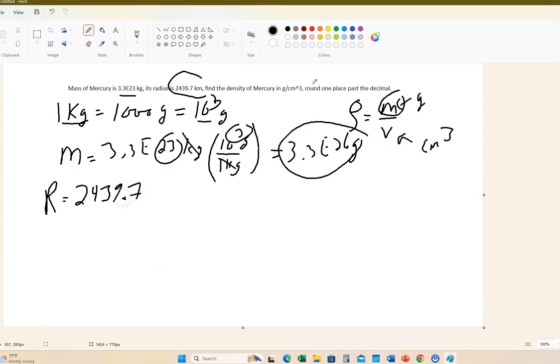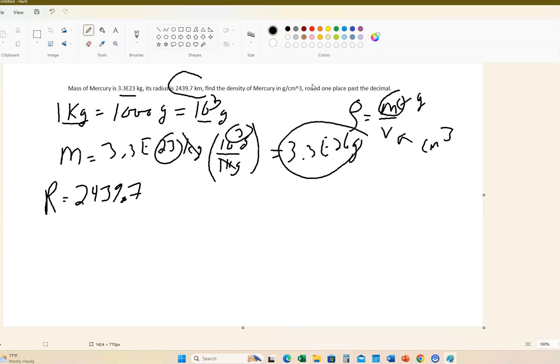Basically it'll change into that same number, 2,439.7 times 10 to the 5th centimeters.